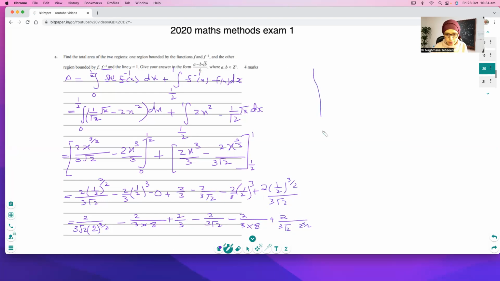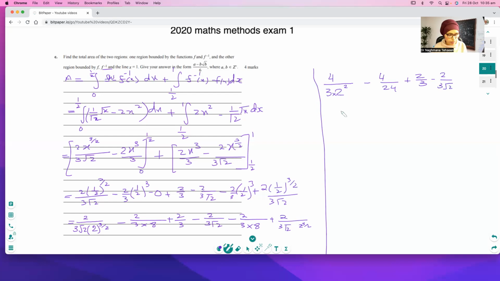So this will give us 4 over 3 2 to the power 2, and minus 4 over 24, plus 2 over 3, plus 2 over 3, minus 2 over 3 root 2.